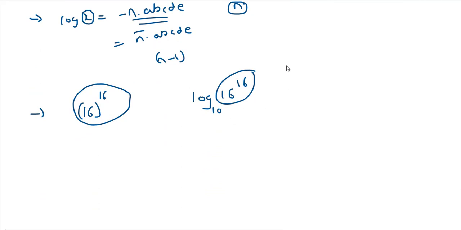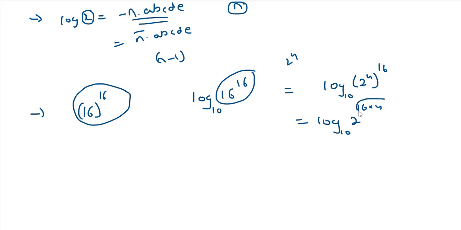Now 16 can be written as 2 raised to 4. So this will become log of 2 raised to 4, the whole raised to 16, and the base is 10. This can be further written as log of 2 raised to 16 into 4 to the base 10. Now this power 16 into 4 can be taken in front of log. 16 into 4 is 64. So 64 into log 2 to the base 10.